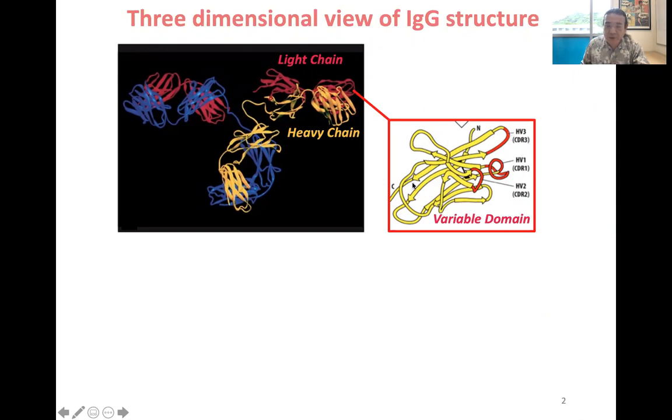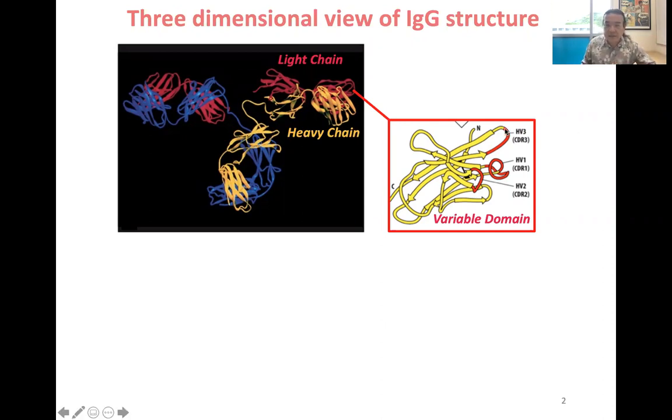And importantly, most of it is pretty conserved. From immunoglobulin molecule to immunoglobulin molecule, most of this yellow part in this box on the right here would be the same amino acid sequence. But you'd have these short stretches, these three short stretches where the amino acid sequence is widely variable from one immunoglobulin molecule that one B cell knows how to make compared to the immunoglobulin molecule on the surface of a different B cell, right?